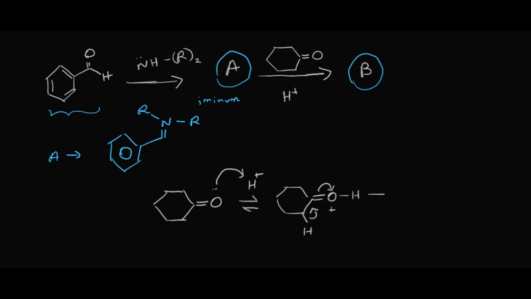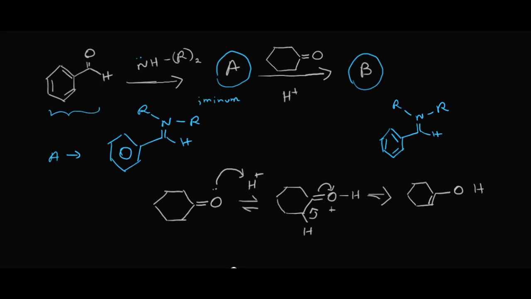So we will have our product like this, with a double bond. So now we have our iminium product over here, right? So I will draw it again here. Here we have the iminium product, and here we have just the hydrogen over here.